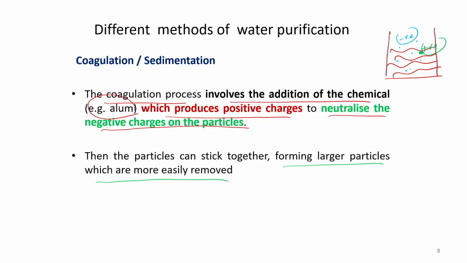So, to clean any water, we use alum. Okay. And these particles will stick together. Suppose this is the alum and the particles will stick on this surface, they will stick together and form a large particle.